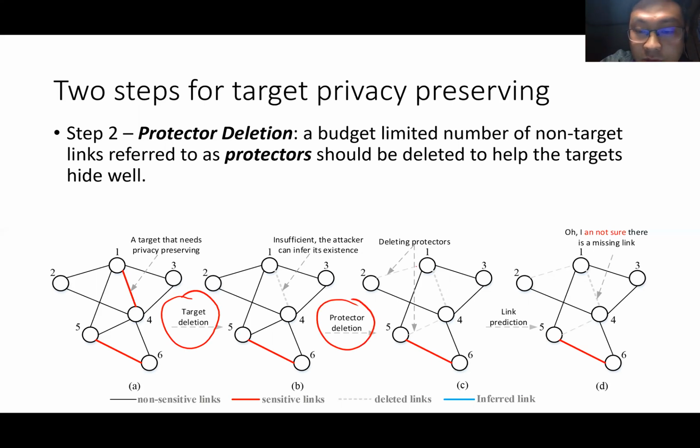We may choose the link between node 1 and 2 and the link between 4 and 5. We delete these two protectors. The result is in subgraph D. In this graph, the attackers may not be sure there is a missing link, because the number of common neighbors is very low now.